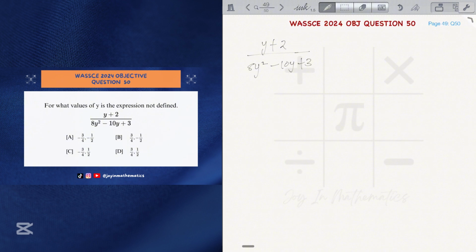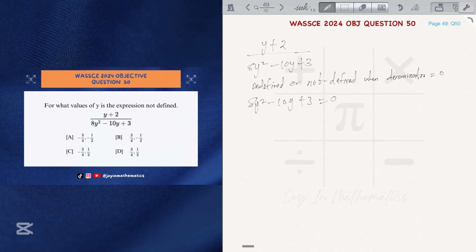Now, an expression is undefined, or not defined, when the denominator is equal to 0. So when the denominator is equal to 0, the expression is undefined. So what we are saying is we are looking for the values such that 8y squared minus 10y plus 3 would be equal to 0.